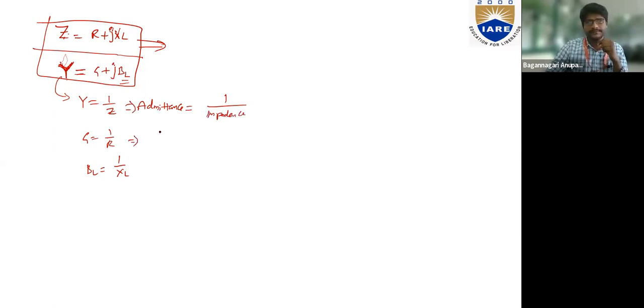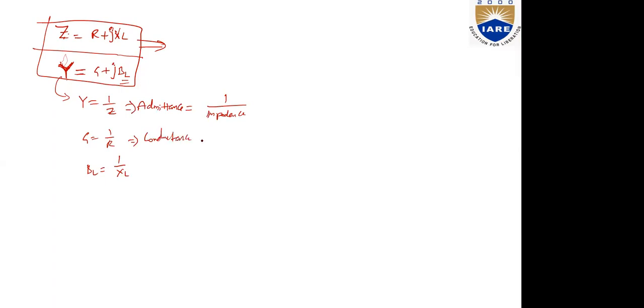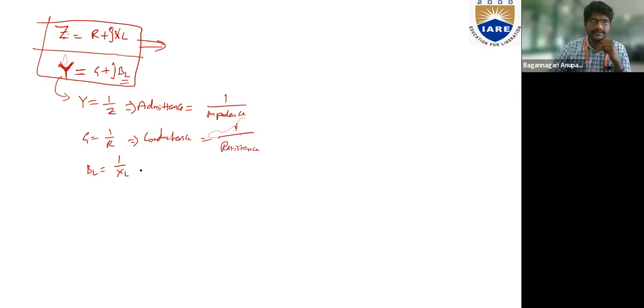And what is G? Conductance, the reciprocal of resistance. And what is BL? Susceptance, the reciprocal of reactance.